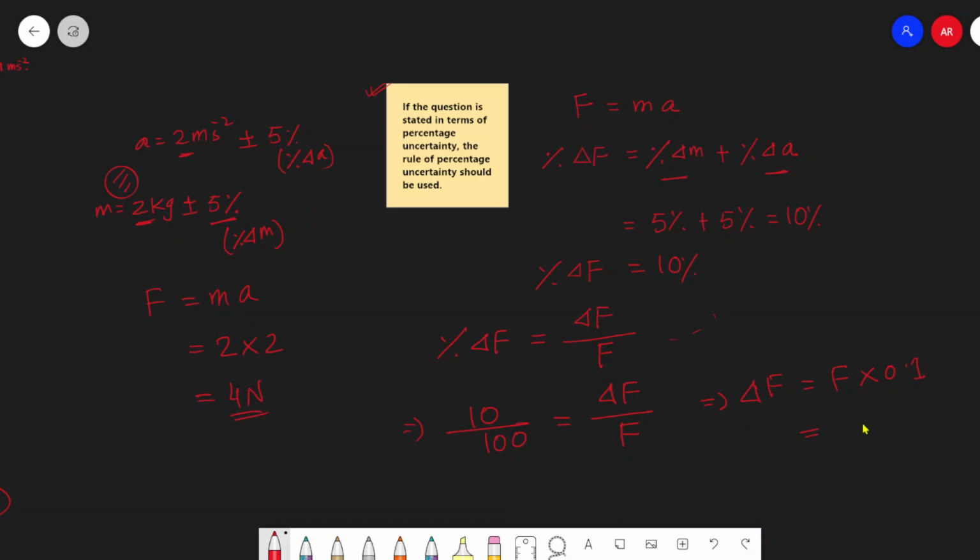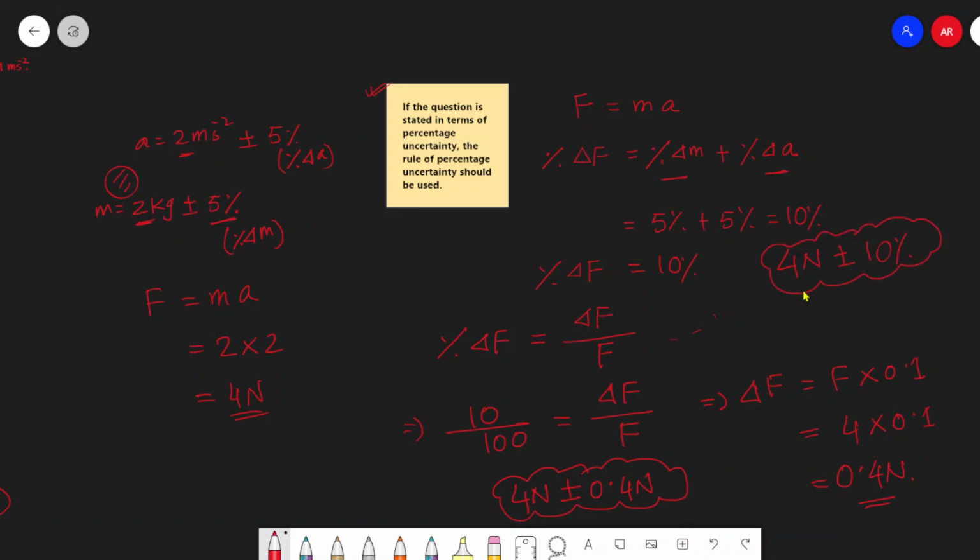So here we got 4 Newton times 0.1, which is nothing but 0.4 Newton. So when we are going to express in terms of the absolute uncertainty, we express 4 Newton plus minus 0.4 Newton like this. When we are going to express in terms of the percentage uncertainty, we express 4 Newton plus minus 10% like this.